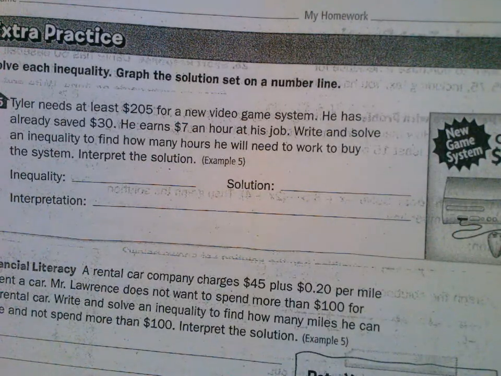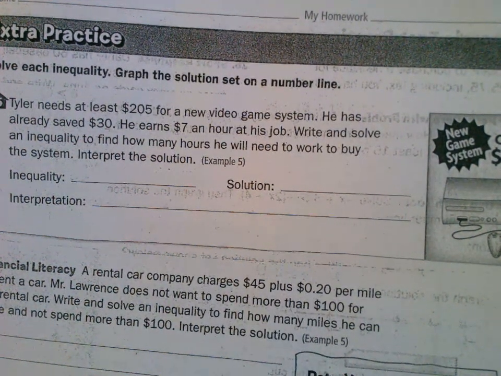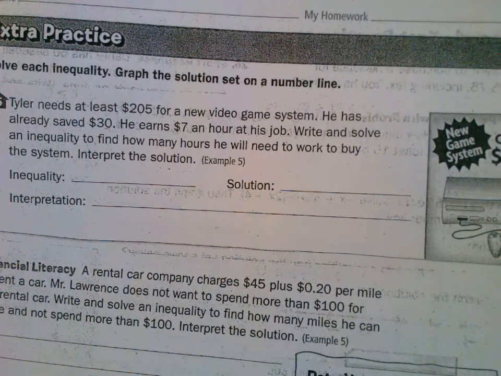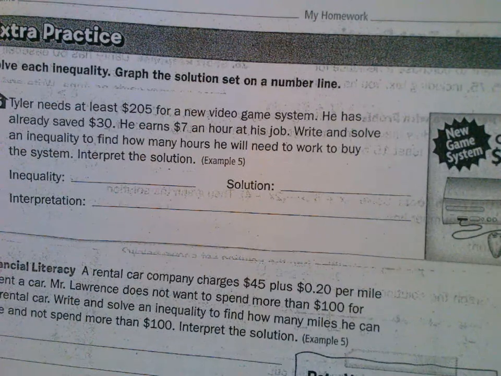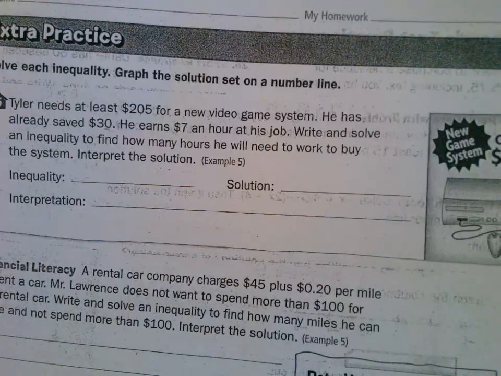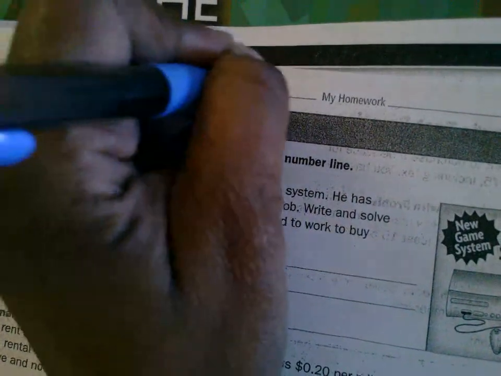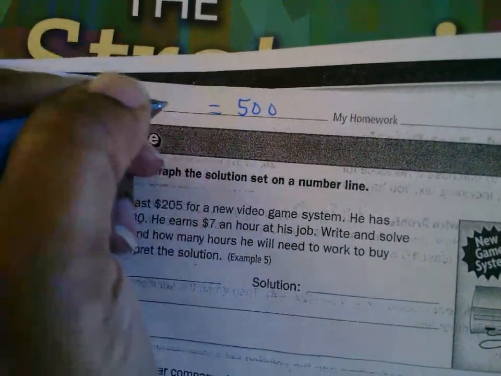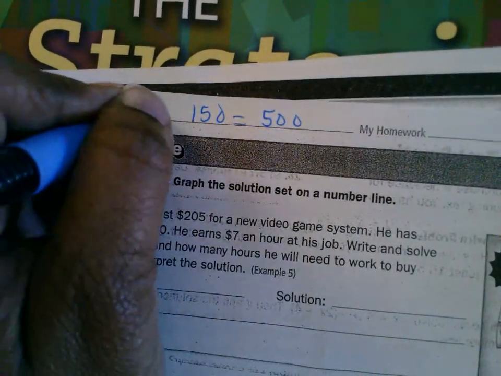These are the types of problems I did with the tiny little car sitting in the front of the room that cost $500. I went to the car lot with $150, and I was gonna pay $75 a week.